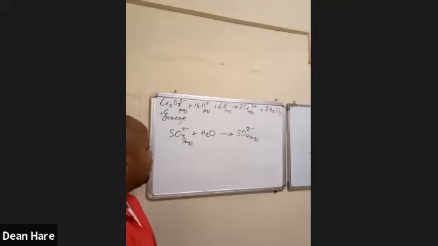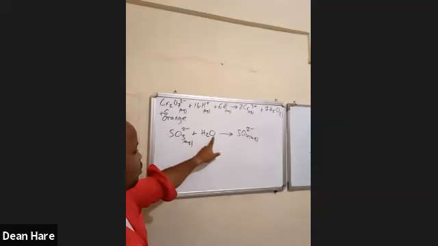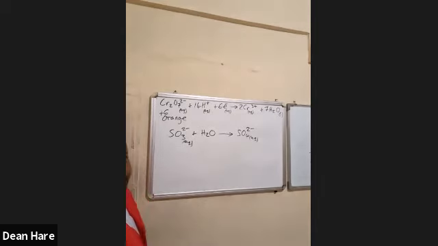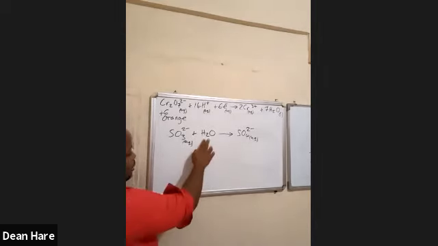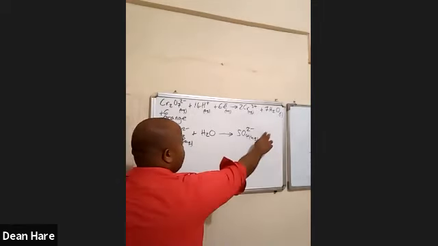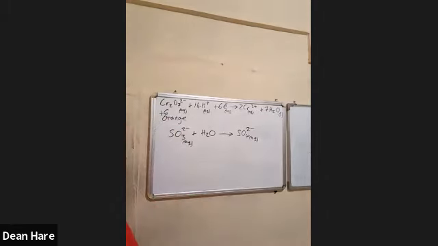Add water. Just 1 water. That is correct, because we have 3 oxygen already, so we'll need 1 more to make 4. All right, so now that we add water, what should we add to this side? 2 hydrogen ions. All right.